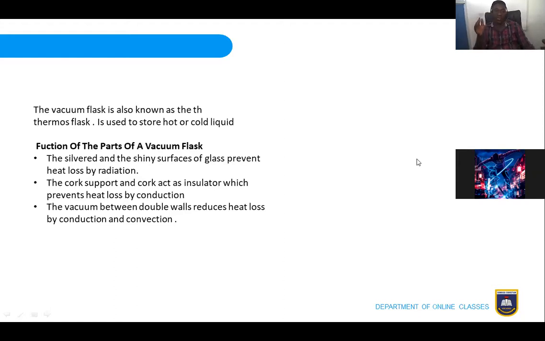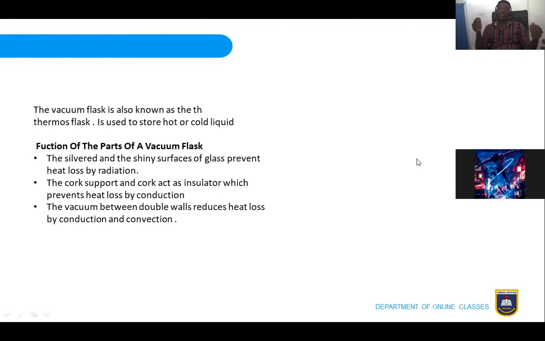So that's the importance of the shiny silver inner lining of the vacuum flask. The inner lining in the vacuum flask is made up of a shiny silver surface to reflect the heat back into the system. It doesn't allow the heat to penetrate through it easily to the outer surrounding.